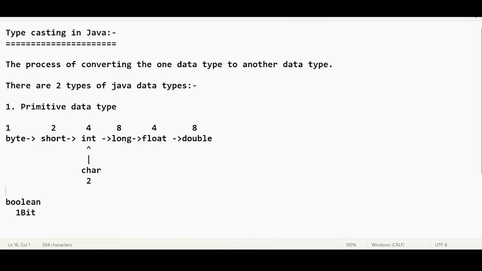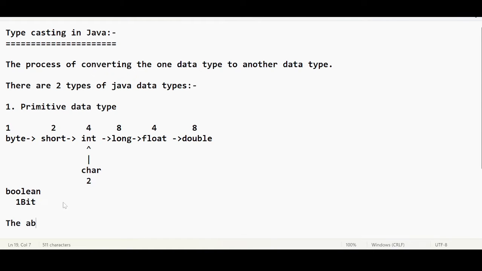So having said this, when I say primitive data type, this is the exact promotion chart, right? This concept is called converting the smaller data type to the larger data type. By looking at this chart, I can conclude that this is the concept of converting a lower data type into a higher one, right?